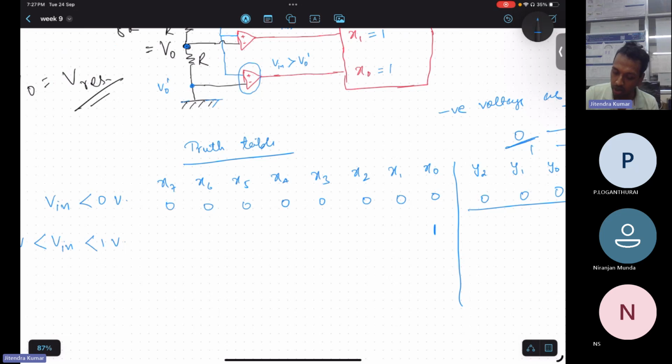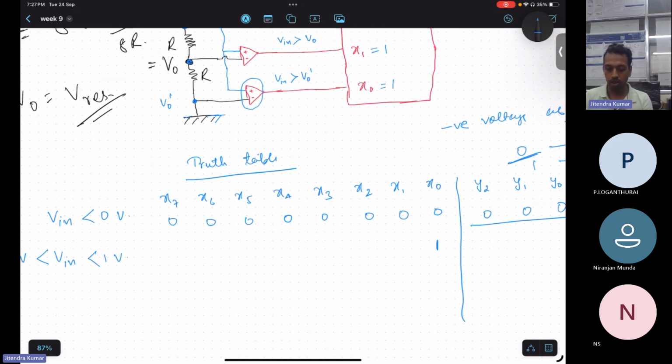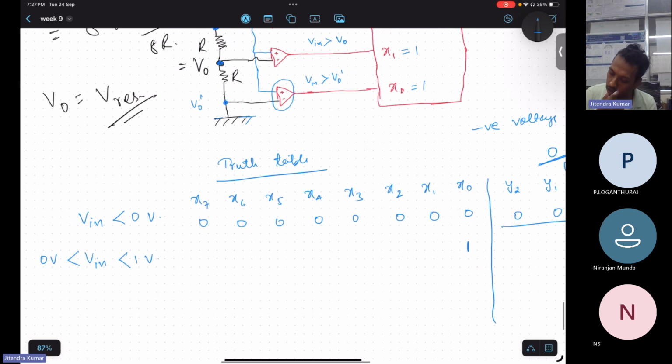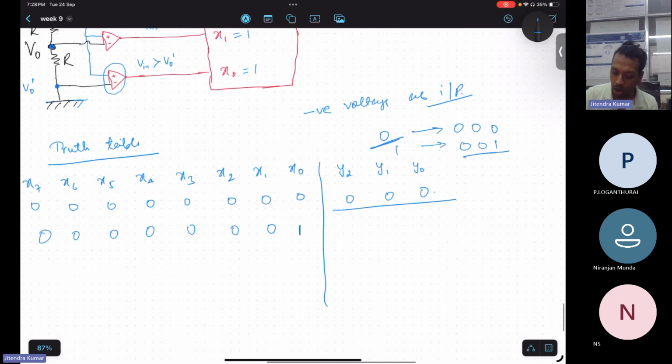X1 will be 1, right? Because the first comparator will be on, since it is higher than 0 volt. Are you getting it? And the rest all will be 0. And 1, how do we write it in the truth table? 0, 0, 1. Okay.